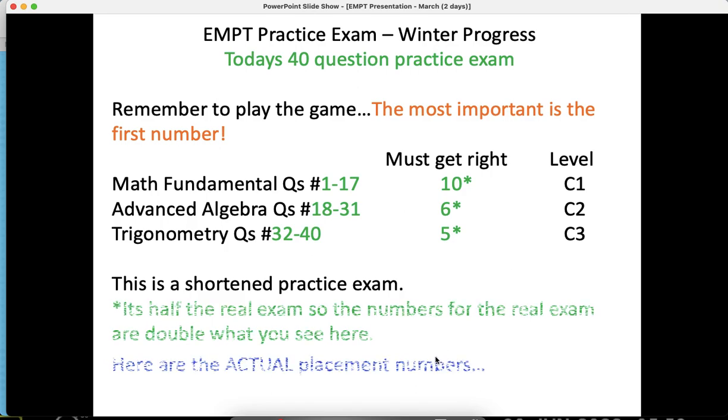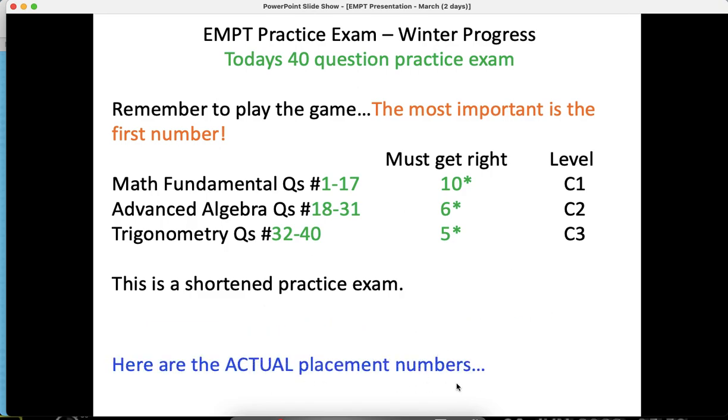So that's the practice. The actual placement numbers. If we look at the top here, this is the practice. This is the actual test. So this is the practice for the fundamentals. This is the actual fundamentals. So now when you actually go in to take that placement test for the UW system school, you're going to shoot for 20 of the first 34 questions.